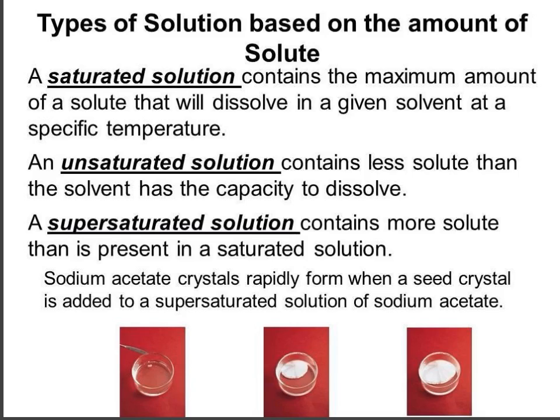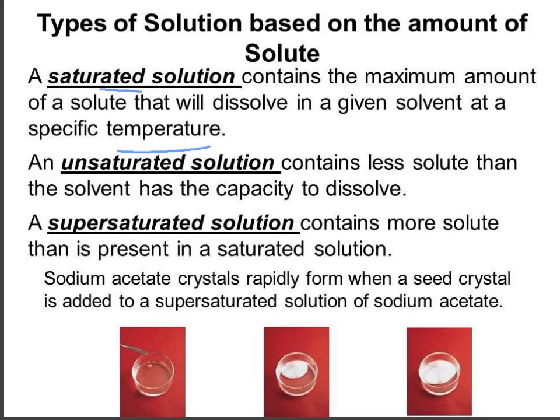Next, we now move on to the types of solutions based on the amount of solute. We have saturated, unsaturated, and supersaturated. Again, as discussed earlier, saturated solutions contain the maximum amount of solute that will be dissolved in a given solvent at a specific temperature.